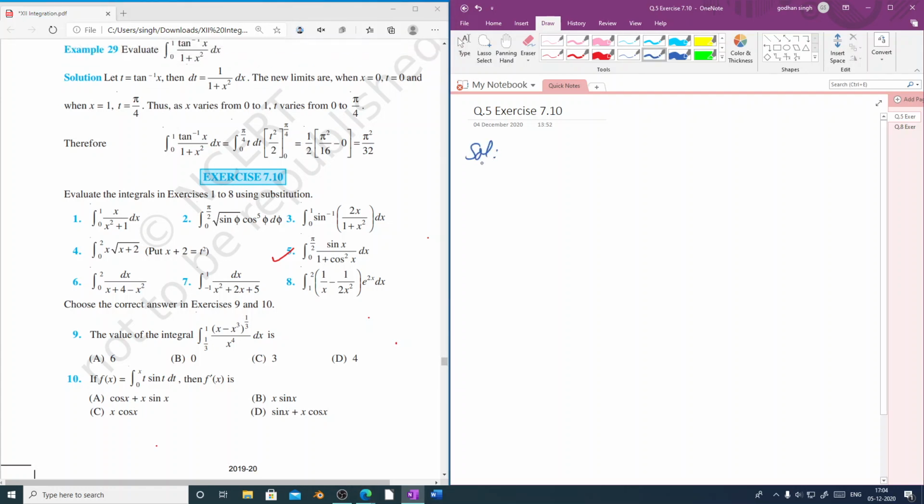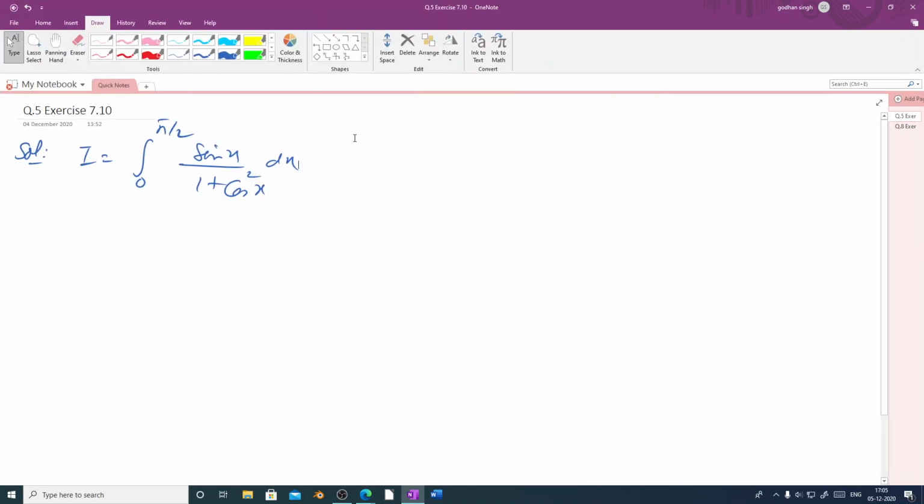Solution: I equals the integral from 0 to pi by 2 of sin x over 1 plus cos square x dx. So from the function itself we can easily see that if we substitute cos x as t, we'll get the answer. So let's do that.